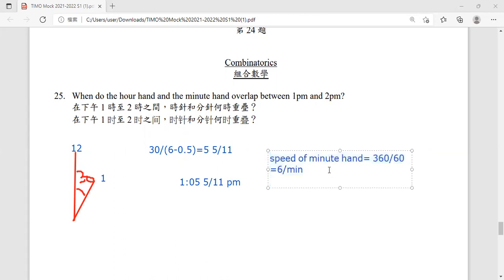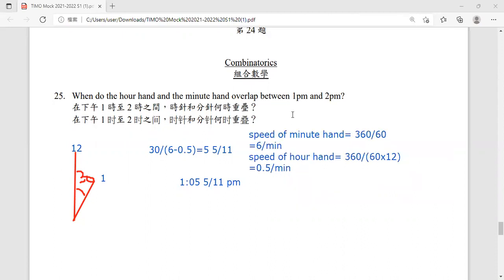If you have some difficulties, I will give you the data here. Any questions? For question 24, you just sum up the cubes.